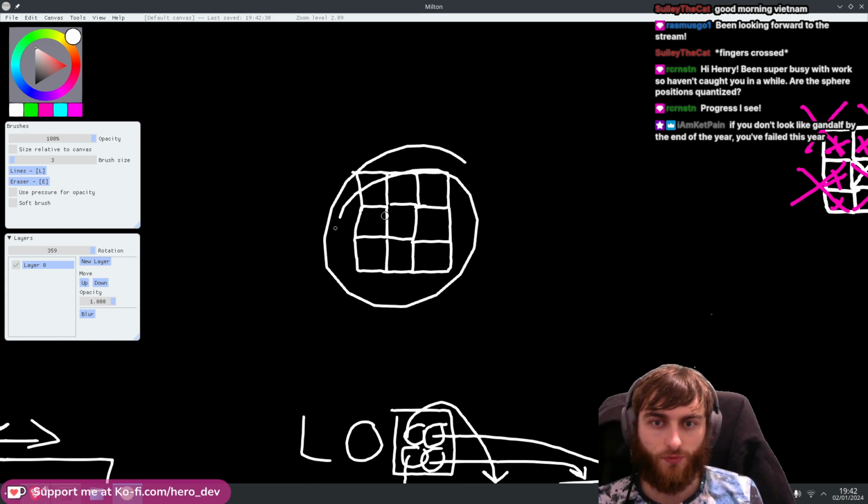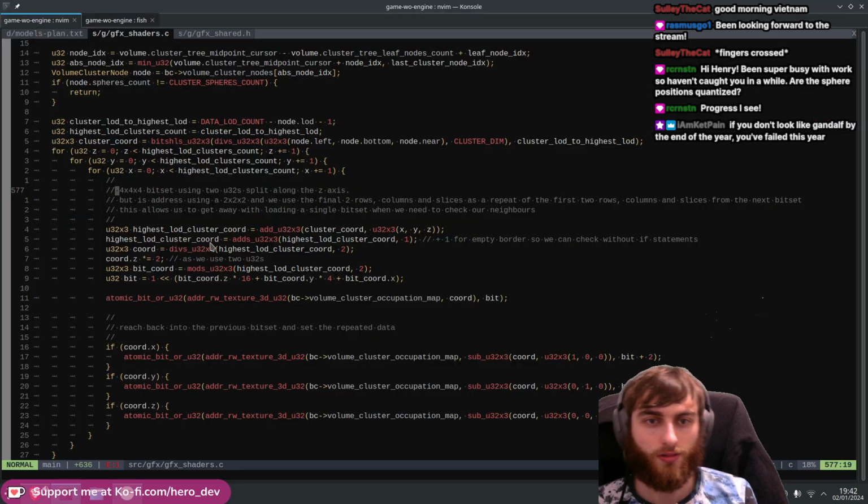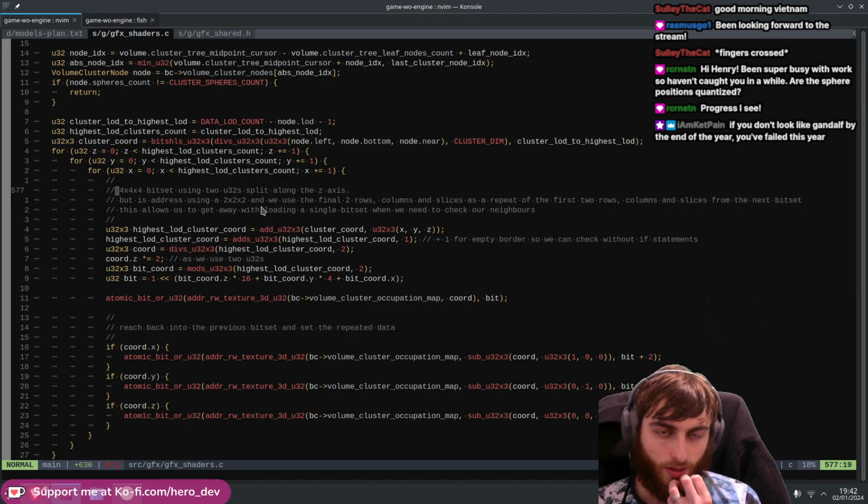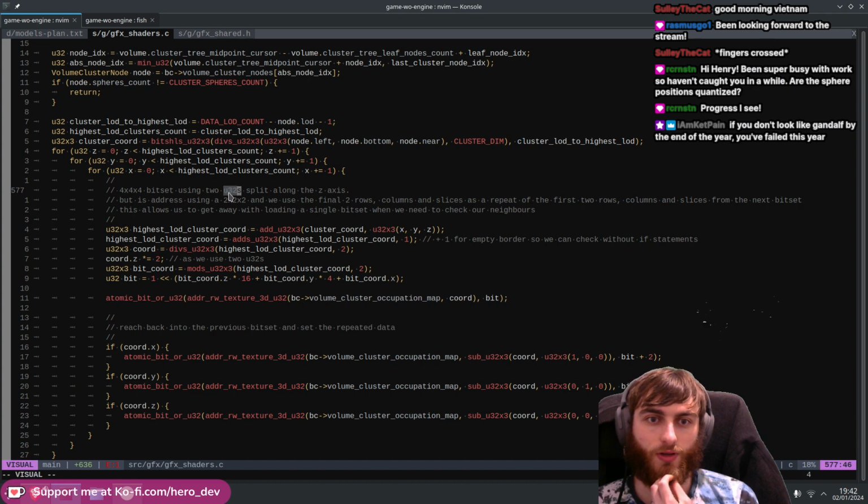So to solve this problem, what I did off stream is I made a 4x4 bit set split into two U32. So you just imagine it as a 64-bit integer, for instance. It's split along the z-axis, but we address it using 2x2x2.